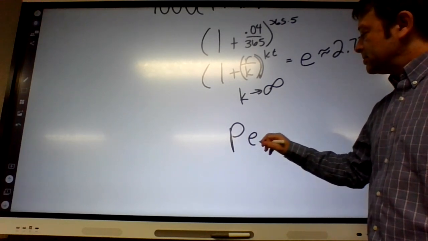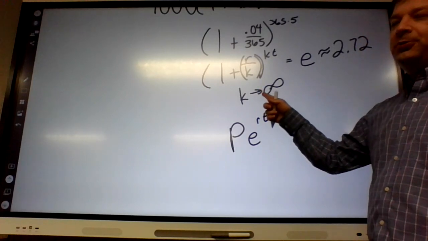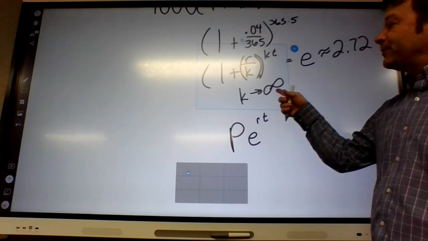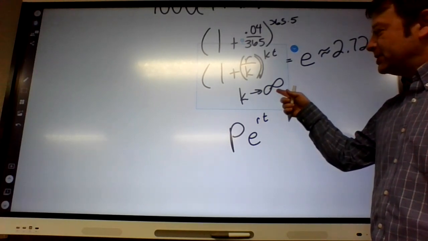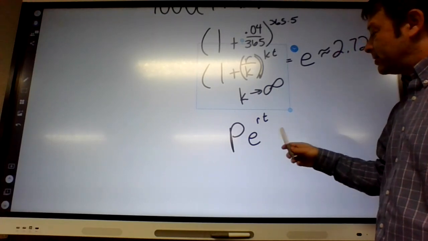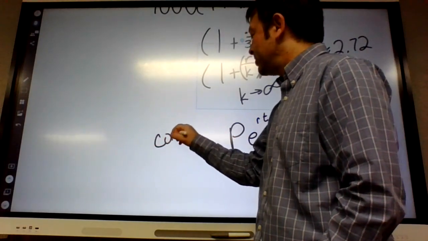Okay, so when you compound an infinite number of times, they call it compounding continuously. It doesn't actually make your money go to infinity. It kind of levels off. So the formula is actually kind of basic.